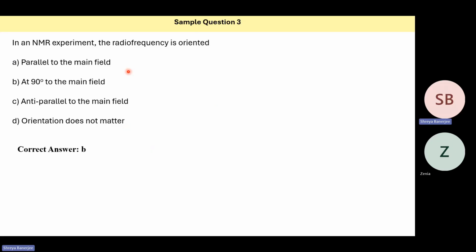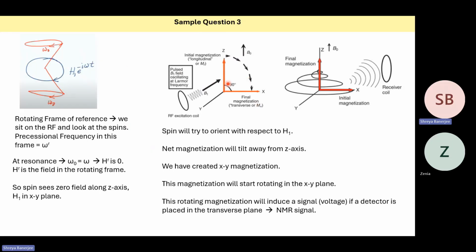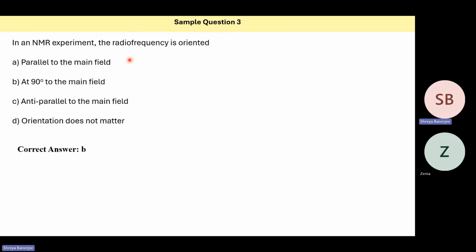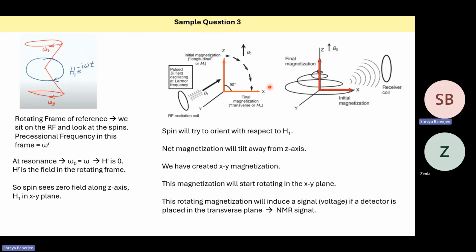So the field that the nuclei are experiencing is in the transverse plane. We know that because in the transverse plane is where we keep the detector or receiver. So the main field is in the XY plane, and we know that the radio frequency B0 is applied in the Z axis.